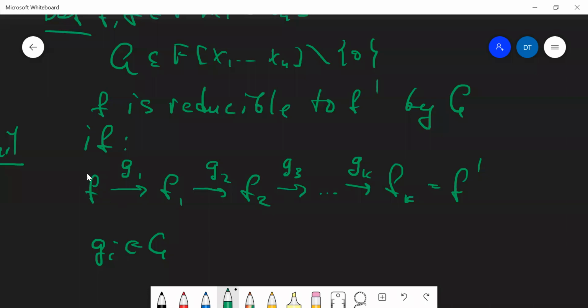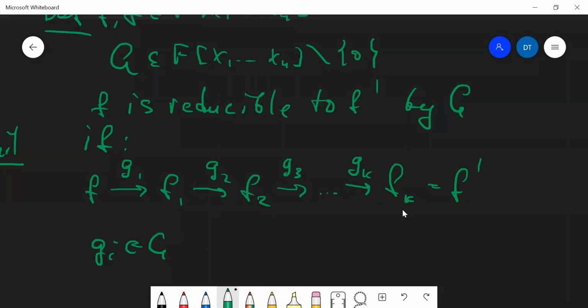For example, I start from f. I find some polynomial in G and make one elementary reduction of f by G1, get some f1. Then I find probably the same or maybe a different polynomial in G and do a second elementary reduction. Then I find another polynomial in G and do a third elementary reduction, and so on.